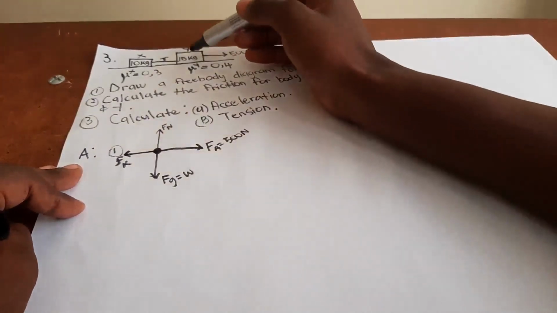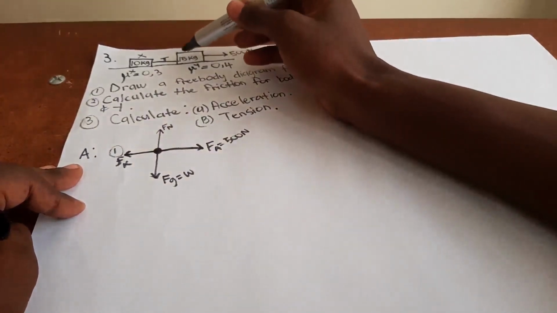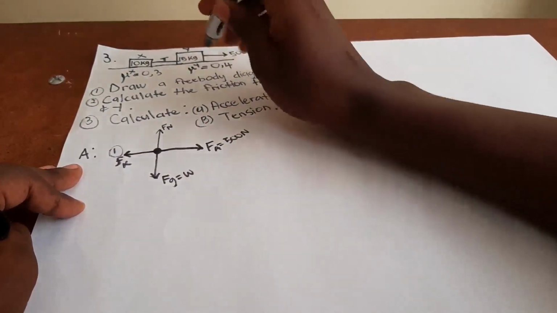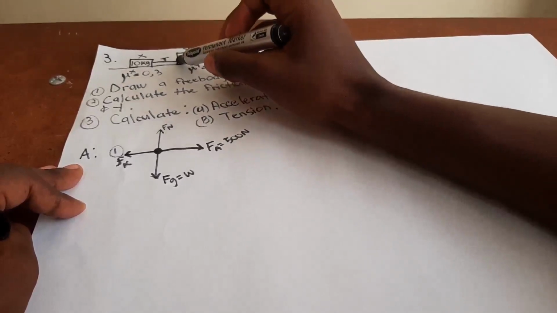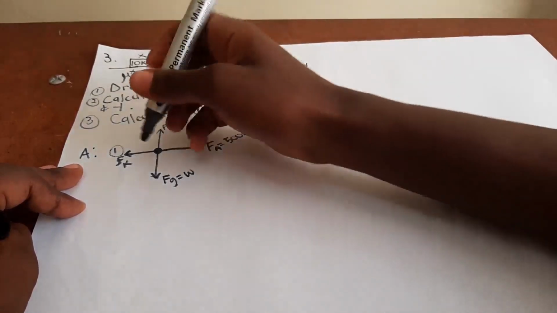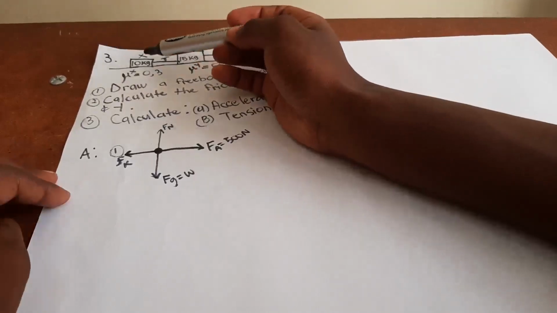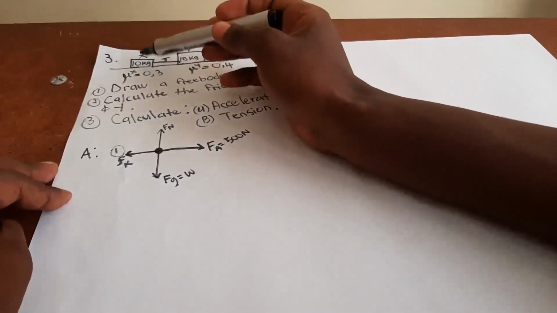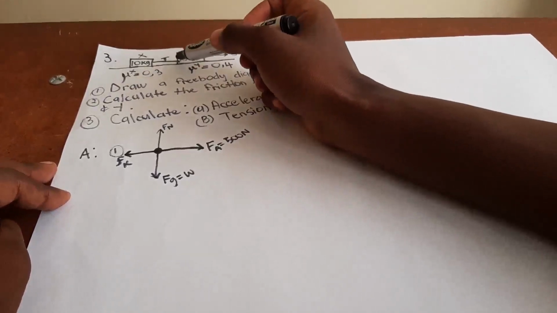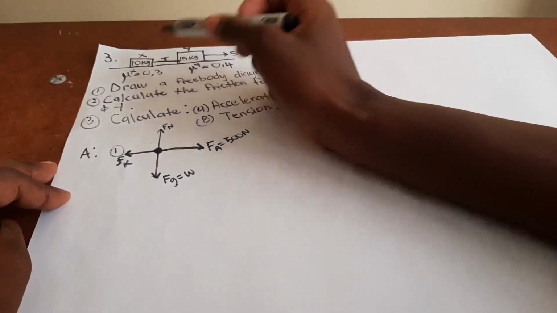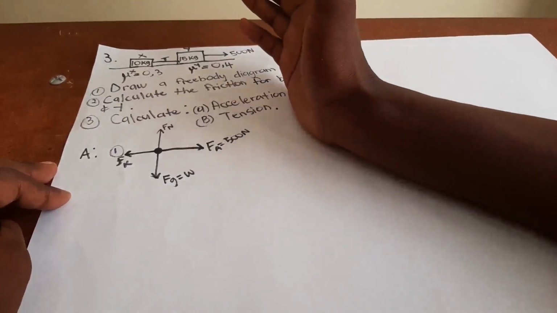Also, as this 15 kg block is moving to the right, pulled by 500 newtons, it is also experiencing tension to the left, because it's pulling X. If Y is pulling X, then X is also pulling Y. Newton's third law.